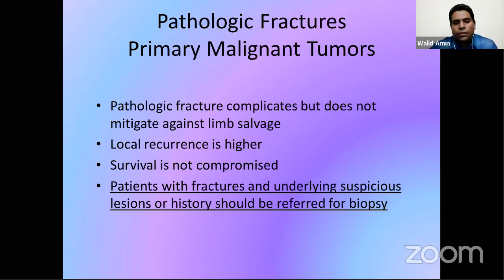Patients with fracture and underlying suspicious lesion or history should be referred for biopsy. And the message here is: if you suspect a primary bone tumor and a pathological fracture through it, don't hurry to fix it. You should have a biopsy first, and you should, of course, ensure teamwork with an orthopedic oncologist to share the diagnosis and the management of this patient, but don't hurry to fix this patient.